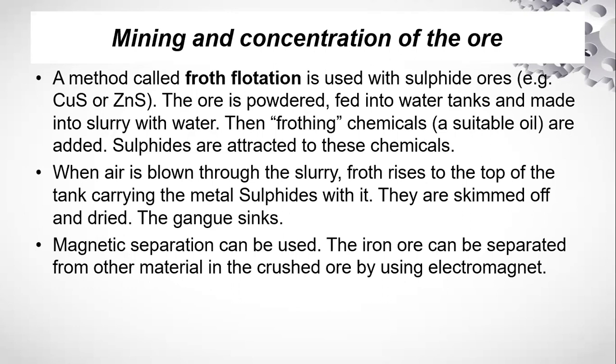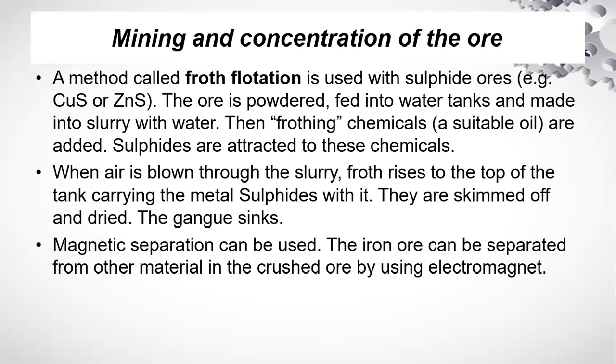Then the floating chemicals, suitable oil, are added. Then the sulfides are attracted to these chemicals. Now, when air is blown through the slurry, the froth rises to the top of the tank, carrying the metal sulfides with it, and then they are skimmed off and dried.